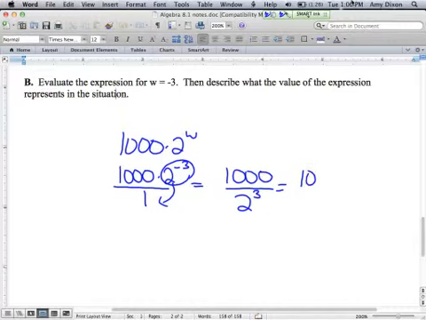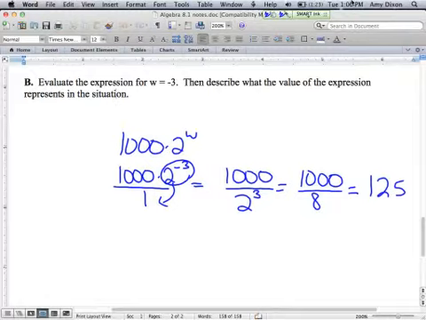Which gives us 1,000 over 2 to the 3rd power, which is 8. 1,000 divided by 8 gives 125. So that means 3 weeks ago, if this model was the same, we would have had 125 insects. And by the time you get to where we started, they had 1,000.